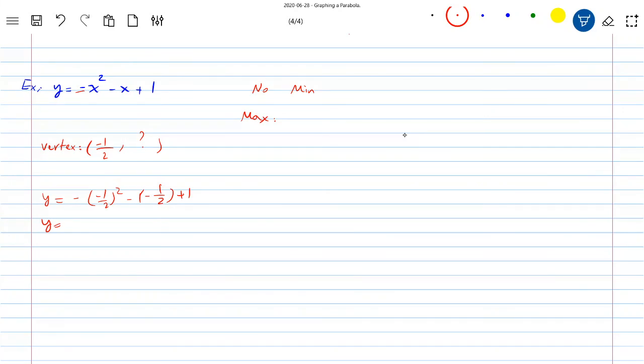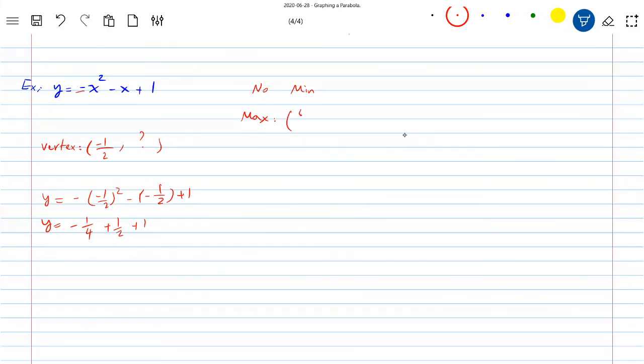Then in that case, the work would be much more than this. Negative 1/2 squared is 1/4. You'll have plus 1/2 plus 1. I hope you know how to add these numbers. 1 and 1/2 is 3/2, minus 1/4. 6/4 minus 1/4 is 5/4.